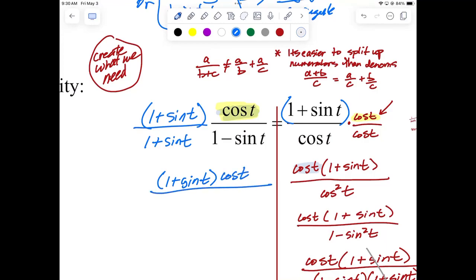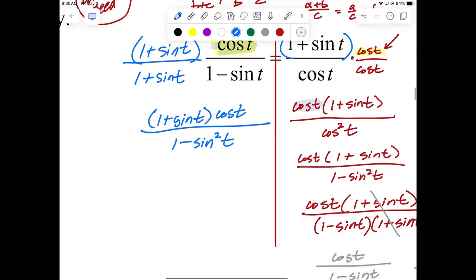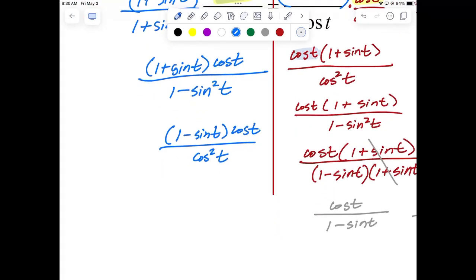And now, instead of having to factor, we're multiplying. What's 1 plus sine of t times 1 minus sine of t? 1 minus sine of t what? Squared. And now, instead of doing the substitution the other way, we're doing it in reverse. What's another name for 1 minus sine squared of t? Cosine squared, right? That's cosine squared of t. And what happens with one of the cosines now?